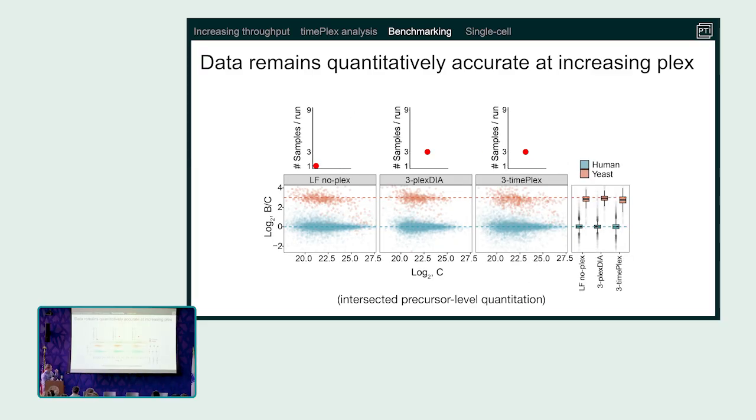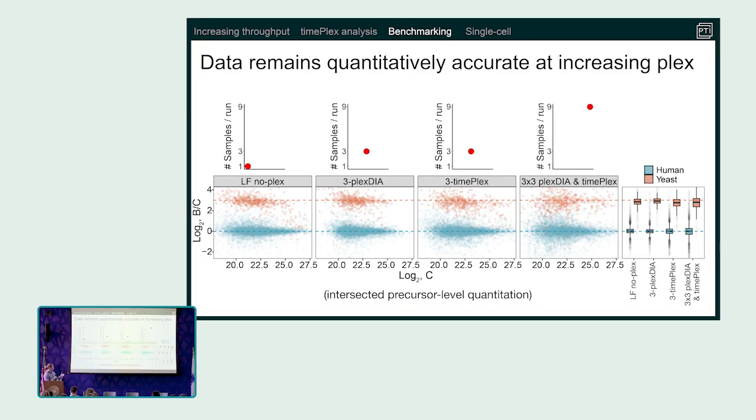And with timeplex, we're also getting this scaling of sample throughput by threefold and maintaining good quantitative accuracy. Now, if we go to the combinatorial 3-plex DIA, 3-timeplex, the median accuracy remains the same, albeit this spread does increase. And we are increasing sample throughput by 9-fold in this case.